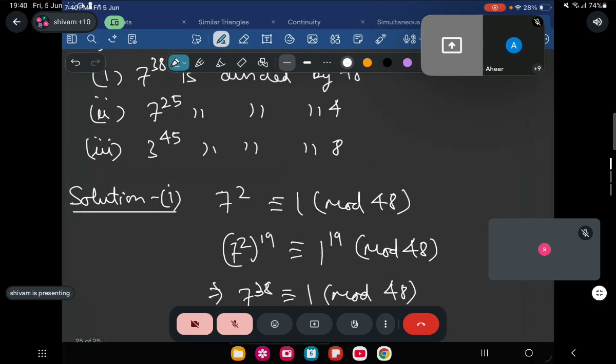Let's see. Trishita, your answers are correct. Rohdeep, your answers are correct. Abhijoy, part 3 and part 2 are correct. Part 1 is also correct. What about Venkat, Arush? You people are not solving.